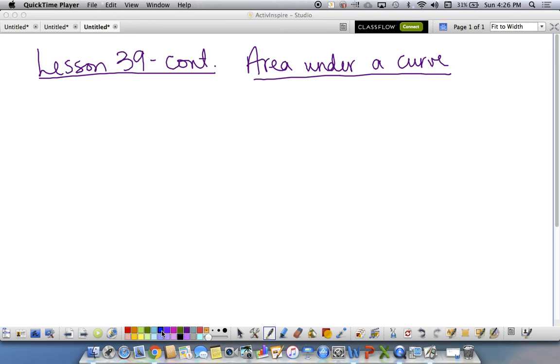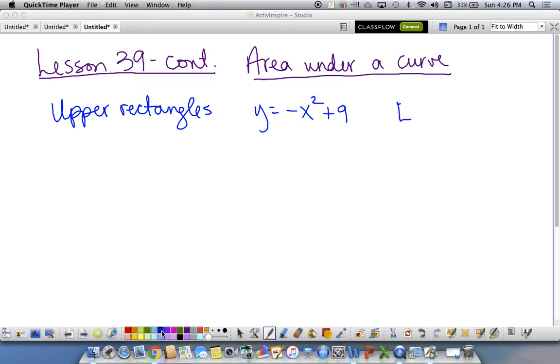So, use upper rectangles to estimate the area under the curve y equals negative x squared plus 9 on the interval from 1 to 2.